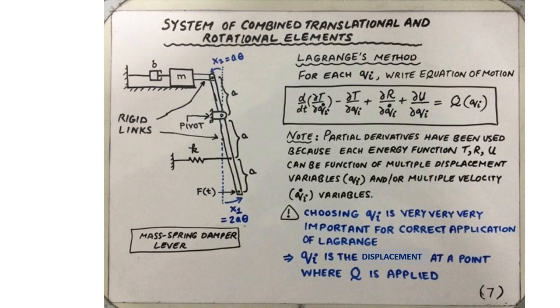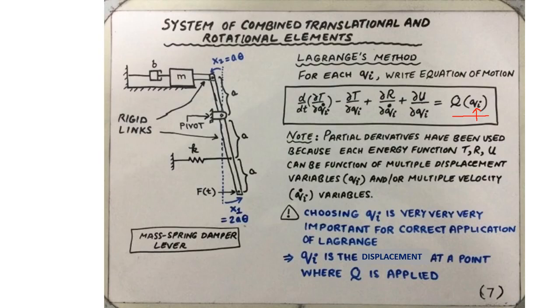So in Lagrange method, the right hand side is the loading function, capital Q, bracket small qi, which is just saying that the loading function is a function of some displacement variable qi. Again, this loading function is either force or a torque.